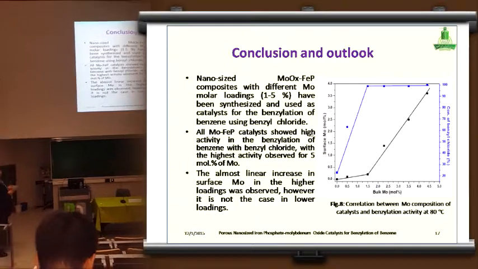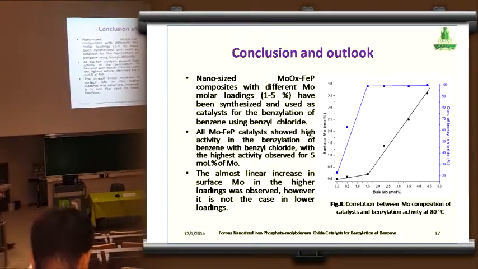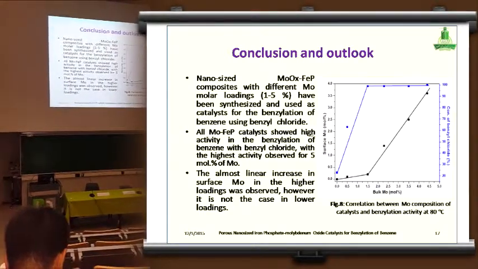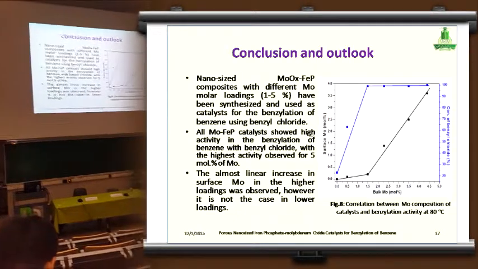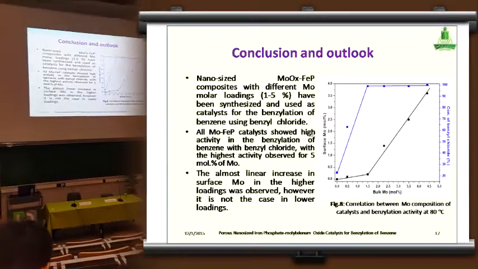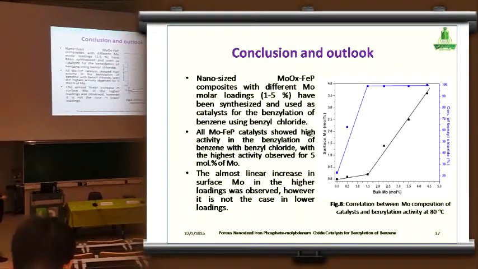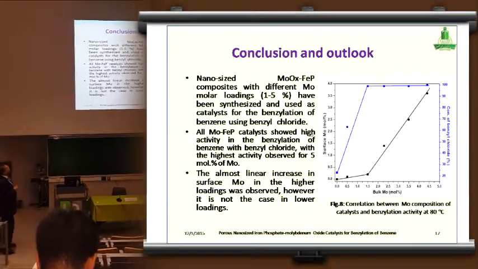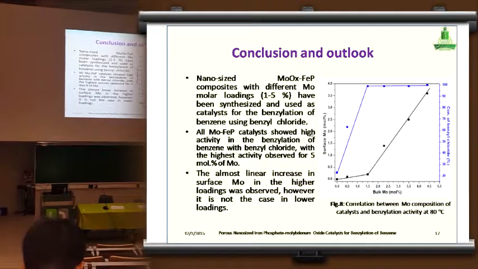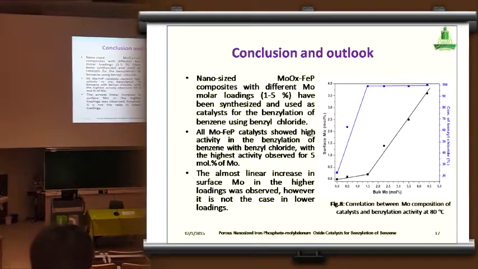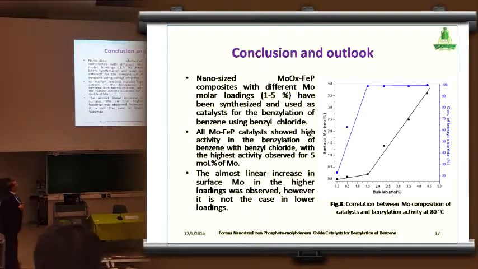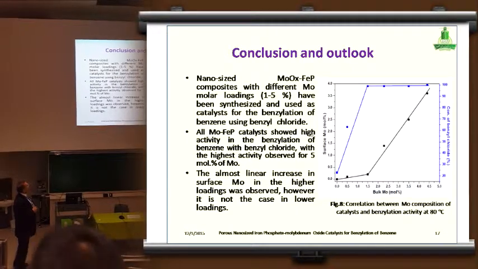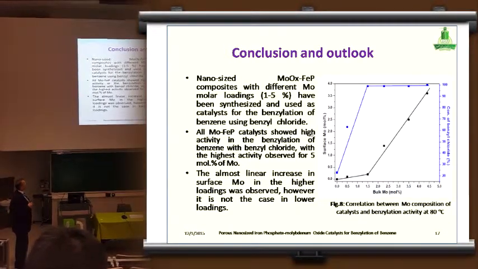As a conclusion, you can see that nano-sized molybdenum iron phosphate composites with different molybdenum molar percentages from 1 to 5 were synthesized and characterized towards the benzylation of benzene itself. The molybdenum Fe catalyst showed high activity in the benzylation of benzene with benzyl chloride, with the highest activity observed for the 5 molybdenum percent.